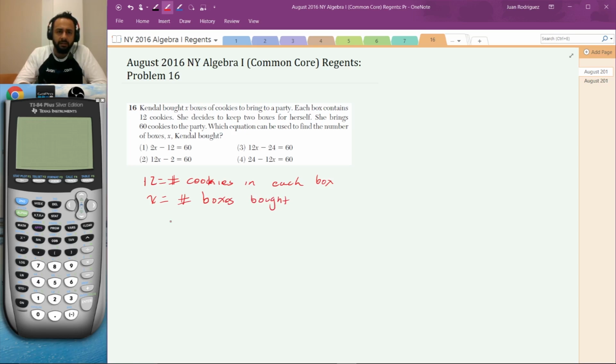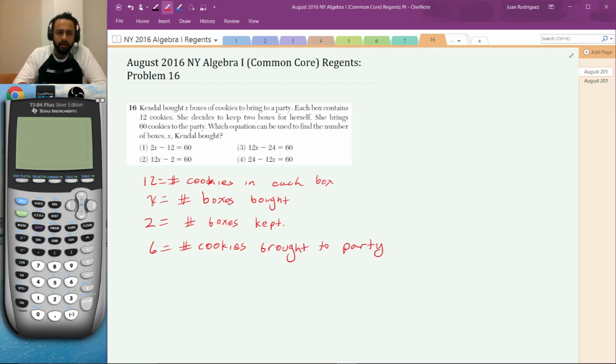But she decides to keep 2 for herself, so 2 is the number of boxes kept. And 60 equals the number of cookies brought to the party. I recommend you actually write that down during the test.